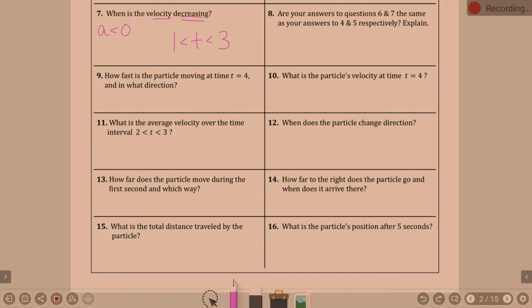Explain. Okay, I got the first part. Why not? They're just not the same. They just don't match up. They're not the same. I was asking different questions. Okay, fair enough. It is asking different questions, isn't it?